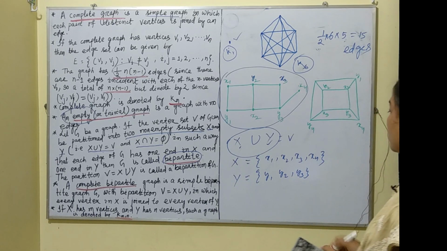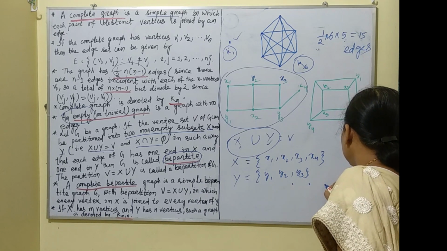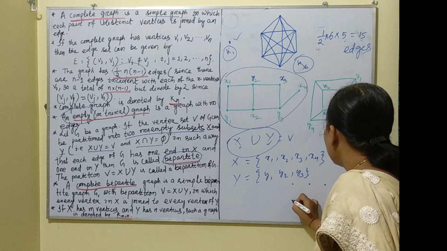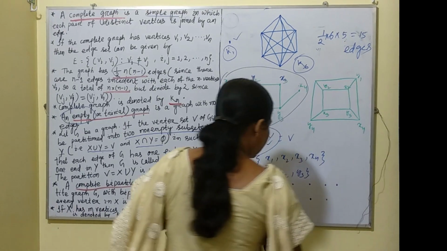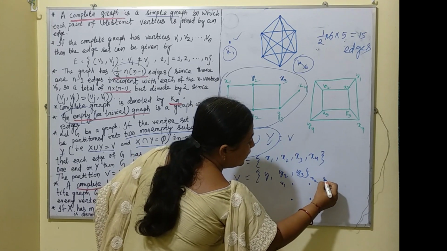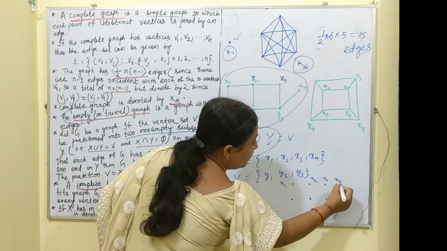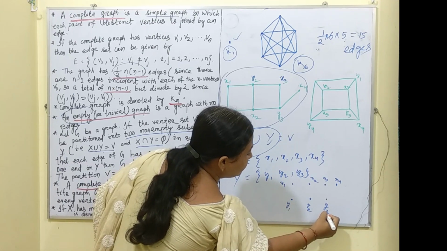Okay, now we draw 4 vertices X1, X2, X3, X4, and Y1, Y2, Y3.